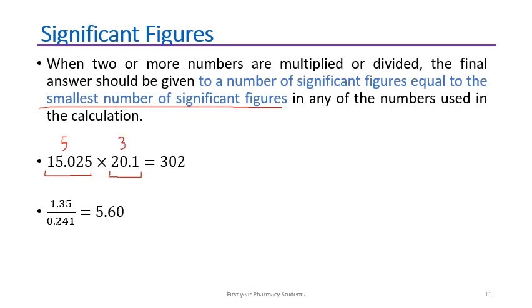So the answer should be in 3 significant digits. Same thing if we divide 1.35 by 0.24: this number has 3 significant digits, while this number has 2 significant digits, so the answer should be in 2 significant digits.